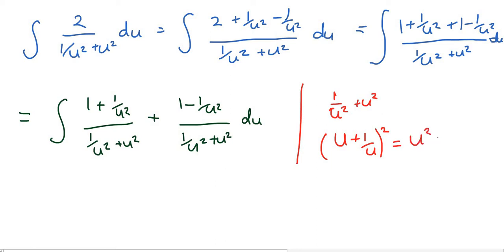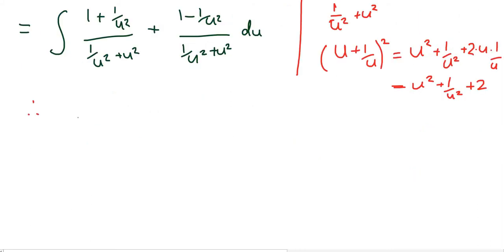It's u squared plus 1 over u squared, and we've got two lots of u times 1 over u. So this is u squared plus 1 over u squared plus 2. Therefore, we can say that u plus 1 over u, squared, minus 2 equals our denominator.